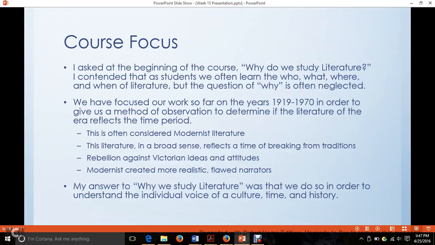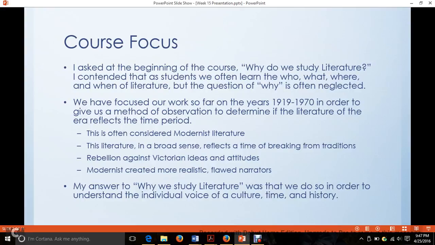We know that people were starting to look at things on a global scale in terms of the world wars that happened within this time period, looking at equality, looking at the individual in terms of individual rights. And so we see that reflected in the work.